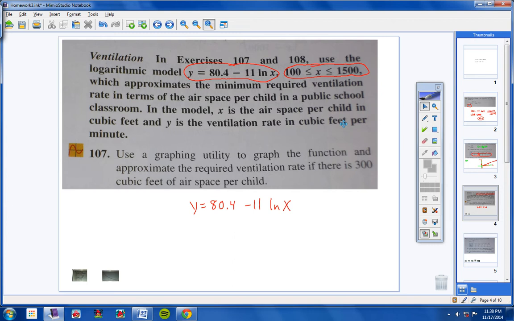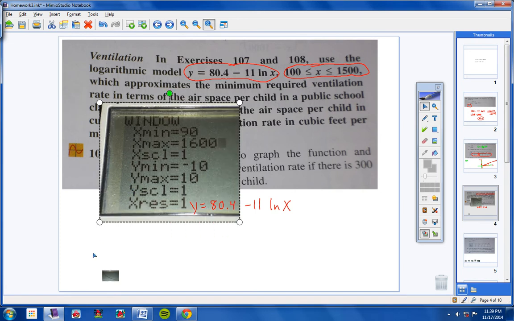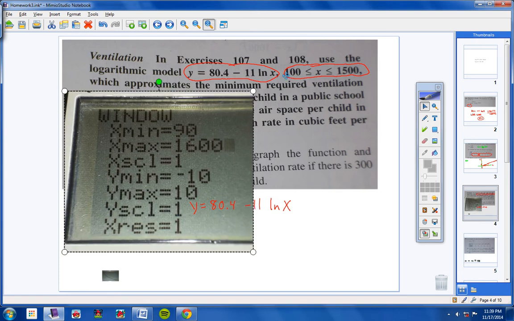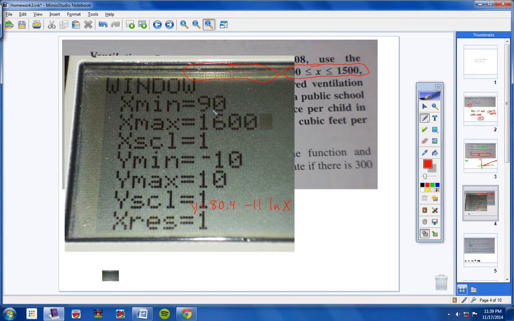I typed in 100 as my minimum and 1500 for my maximum for my x. So look what I have here. Take a look at this. So in your window, go ahead and do this. Now, what I did, notice my minimum, instead of putting 100, I put 90. So I went a little bit lower than 100 to get a really good picture of the graph.